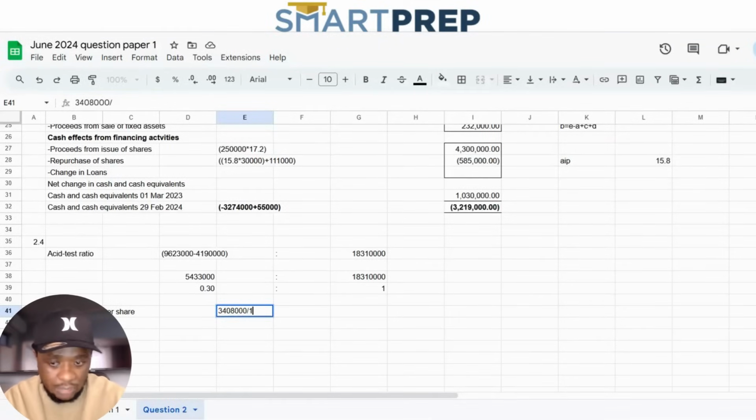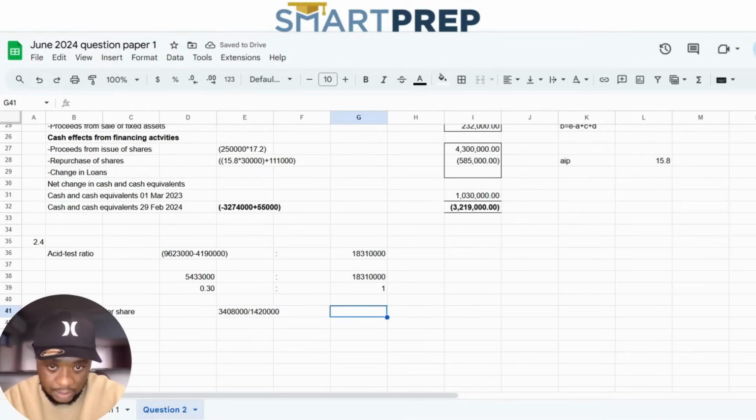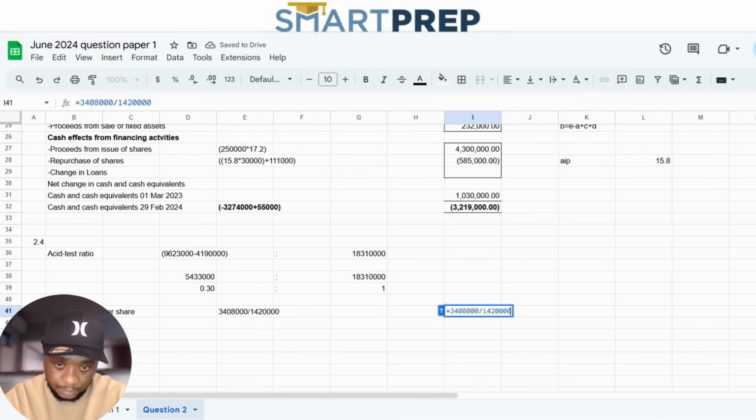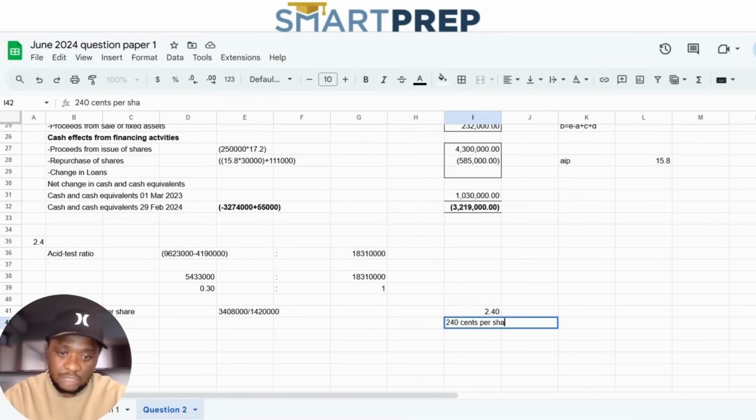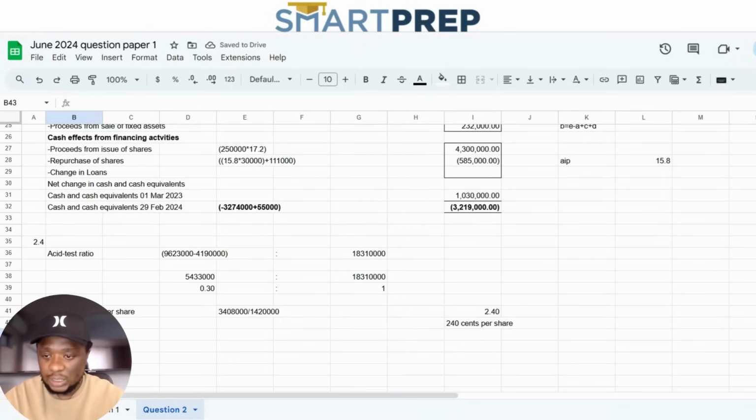So you're going to say 3,408,000 divided by 1,420,000, and that would then be 2.4, or if you don't want to write it as 2.4, you can say that it's 240 cents per share, because you can just take that 2.4 multiplied by 100, and then you will get your number in cents. So it depends how you want to present it.